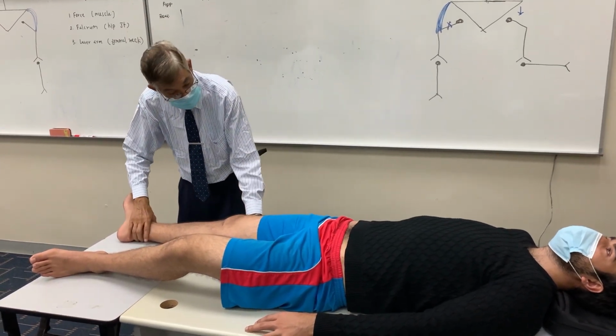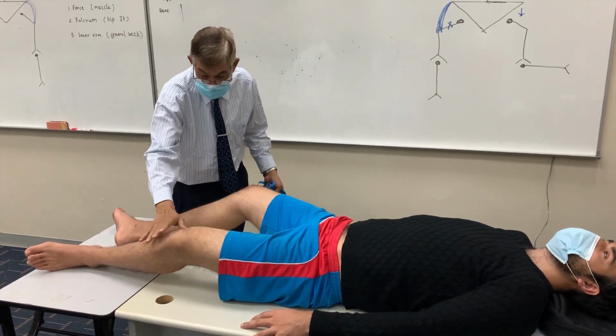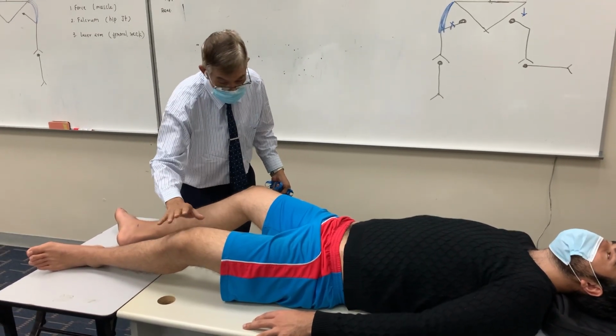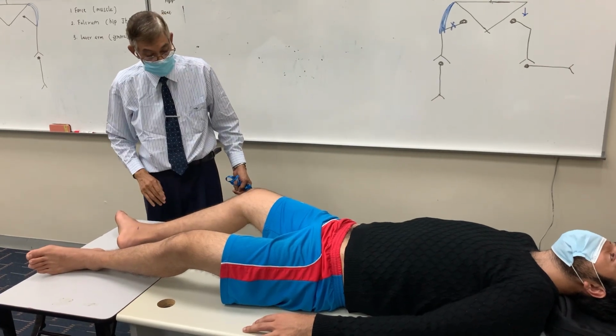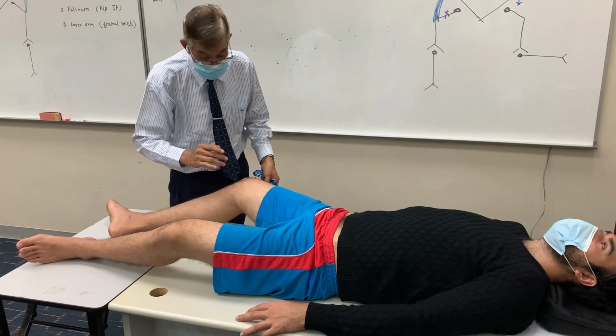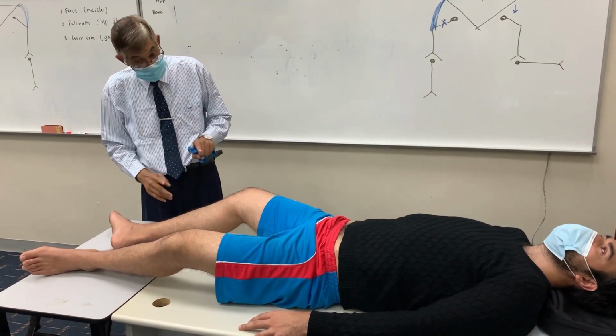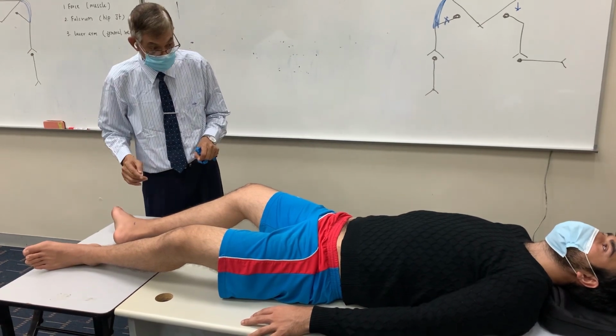You have to adjust the normal side to the same position as the abnormal side. So you adjust the lower limb. It is called limb symmetry.